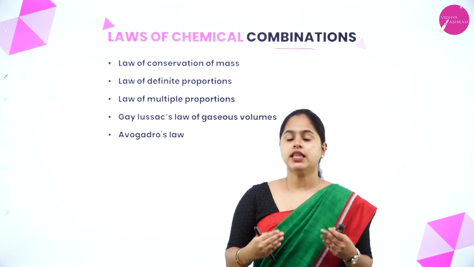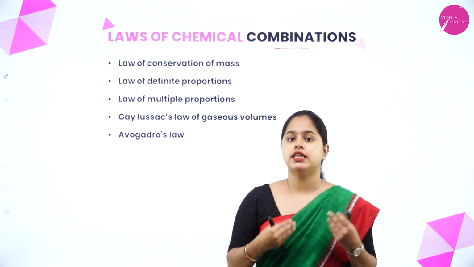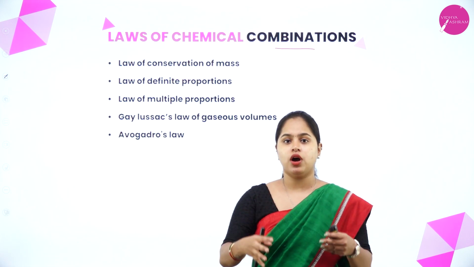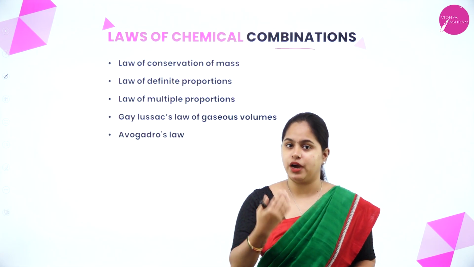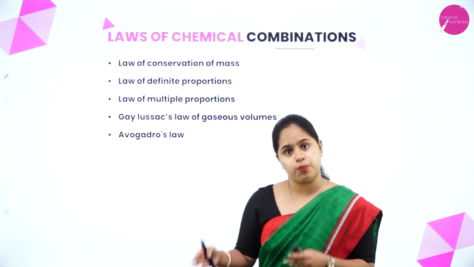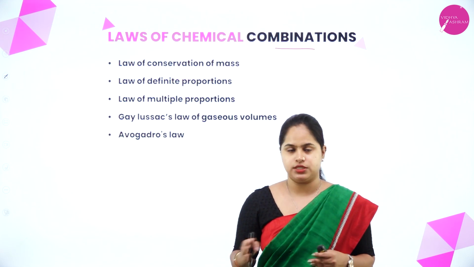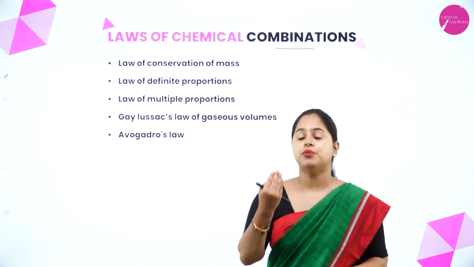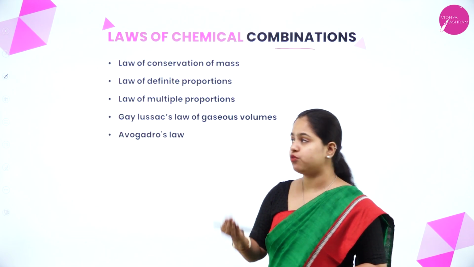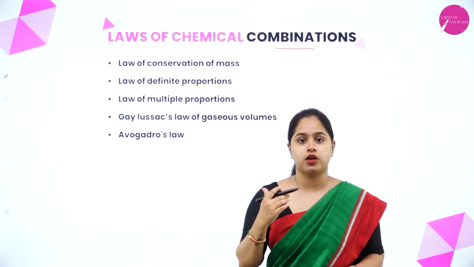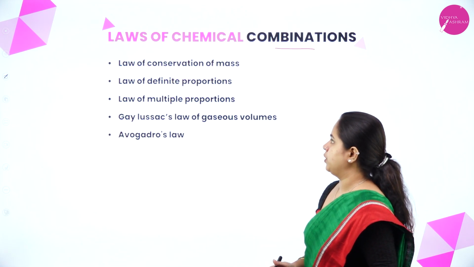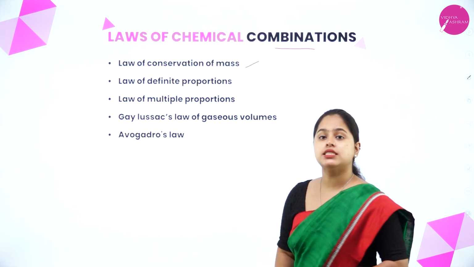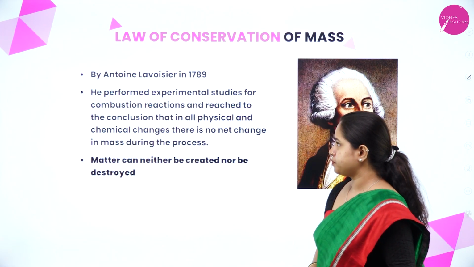Let's take the example where you are studying in a school or college where you have to follow certain rules and regulations put forward by your school, right? You are supposed to follow those rules and conditions. In the same way, chemical reactions also need to follow these laws of chemical combinations. So let's begin with the first one, the law of conservation of mass.